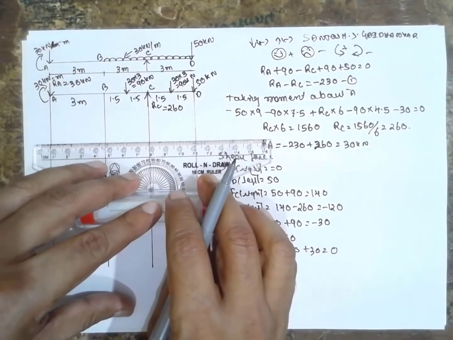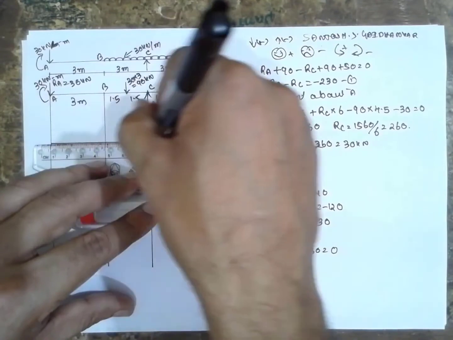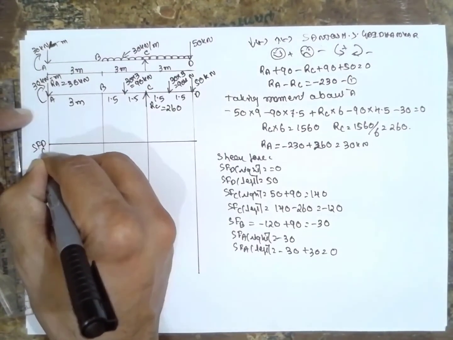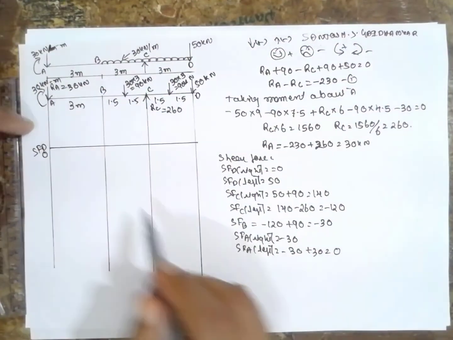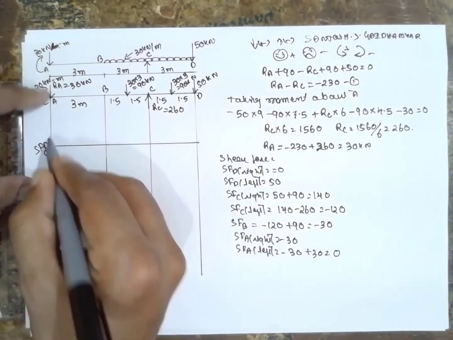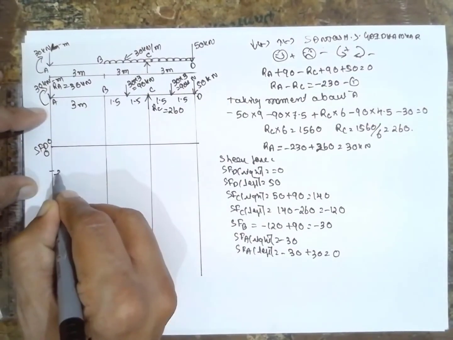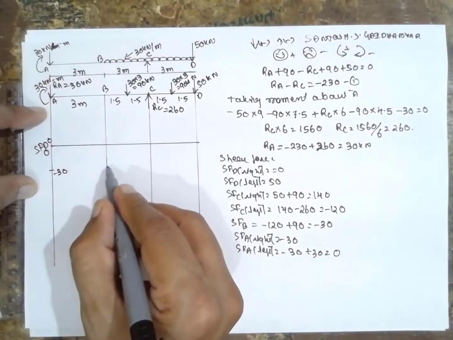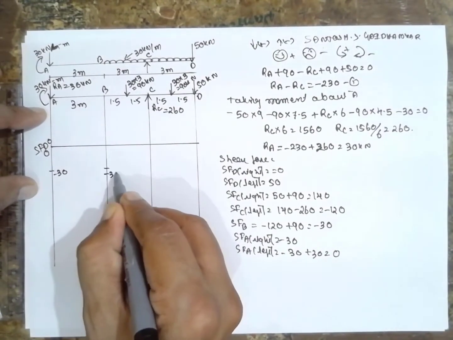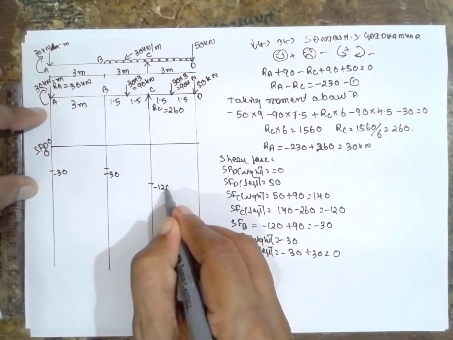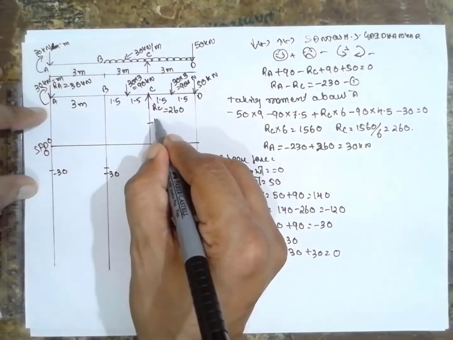Draw the shear force diagram here. SFD, this is 0, above is positive, below is negative. 0, minus 30 at A, minus 30 on the same line, B again minus 30. At C there are 2 points, minus 120 and plus 140.